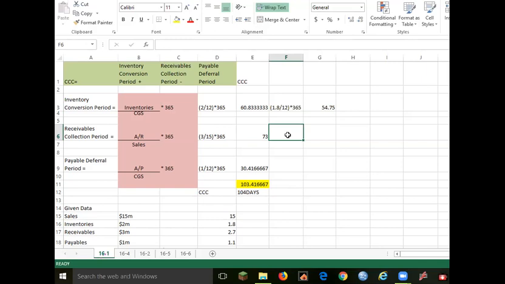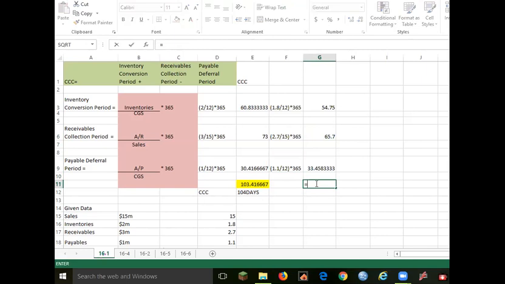For the new receivable collection period, the new receivable amount is 2.7 million divided by sales, times 365. Then the new payable deferral period: the new payable amount is 1.1, but cost of goods sold remains unchanged, multiplied by 365.